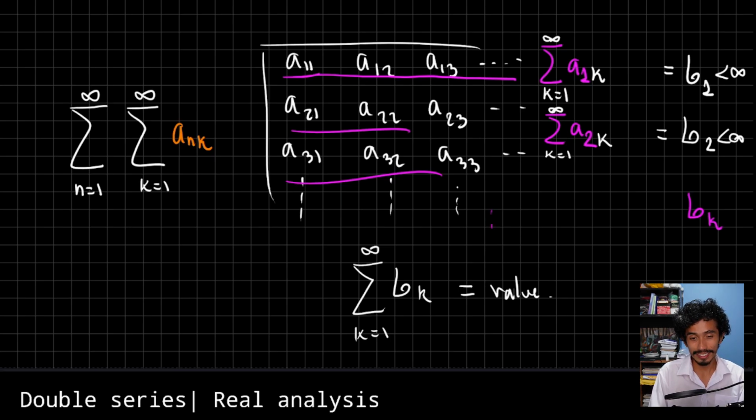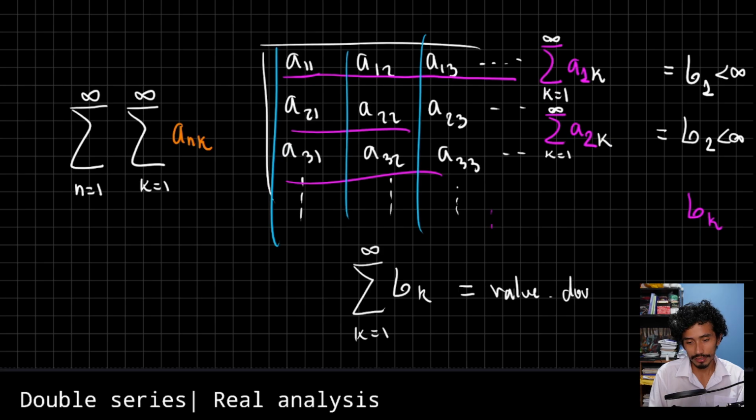But what happens if we sum in the other sense? What happens if we sum columns? Let's put it like row-column, where we sum rows first and then columns.